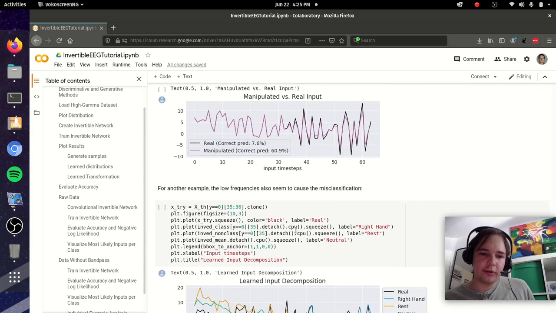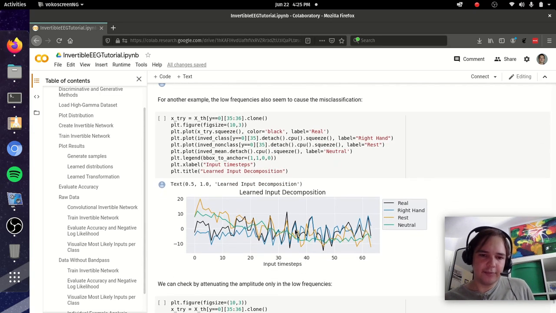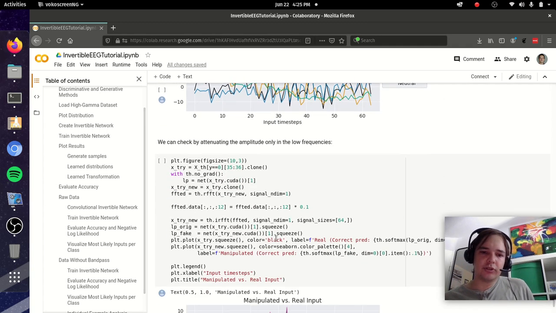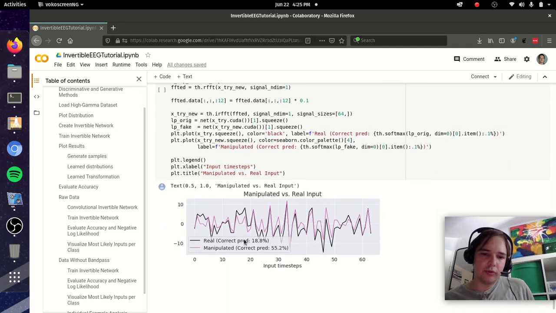Now we can also look at the second example, where we had a different idea. We said it seems that somehow these lower frequencies in the resting state component seem to be a problem. We can check that by doing a Fourier transformation of the original black signal, and setting all the signal components below 6 Hertz, scaling them down really a lot. And then it looks like this.